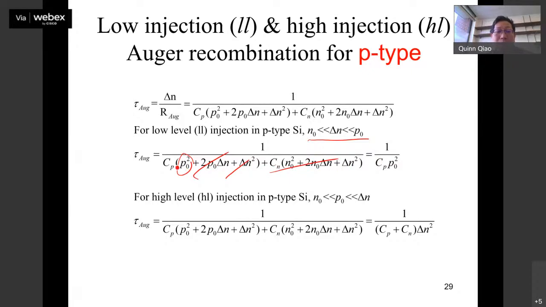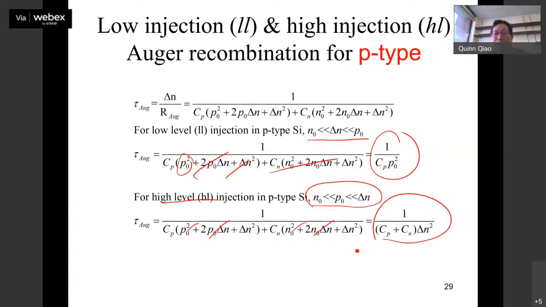That's why only Cp p0 squared stays here. For high injection, delta n is the maximum and everything else is gone. So you have Cp delta n squared plus Cn delta n squared, so that's Cp plus Cn times delta n squared. This is your final equation.